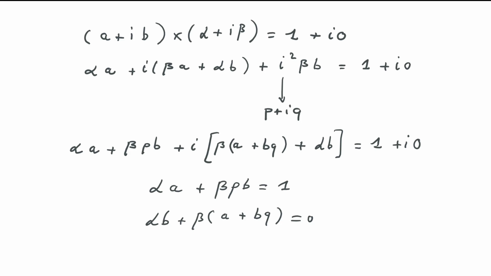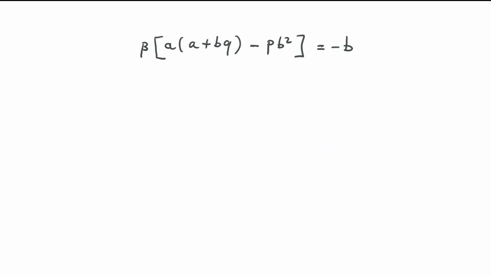So I have to isolate alpha and beta. For beta, you would multiply the first equation by minus b and the second equation by plus a, and then you add the two equations such that you have an equation only for beta. There is no alpha anymore.